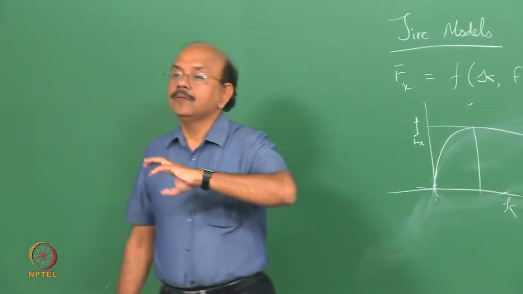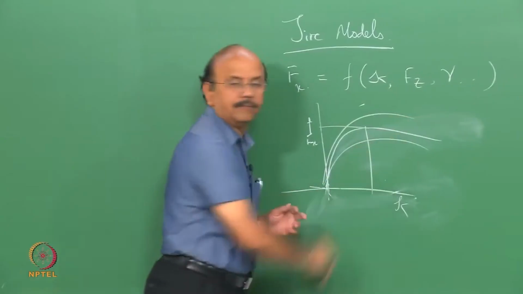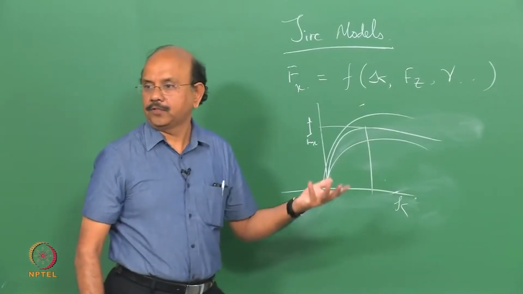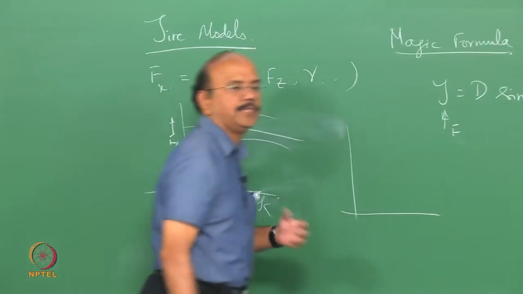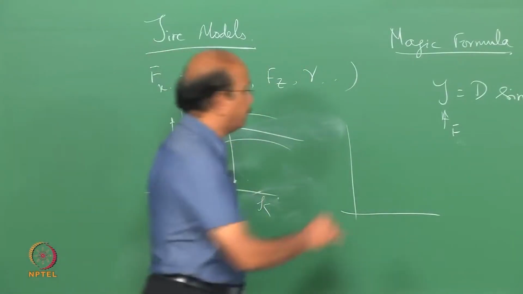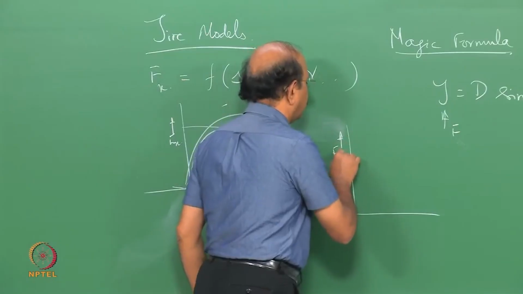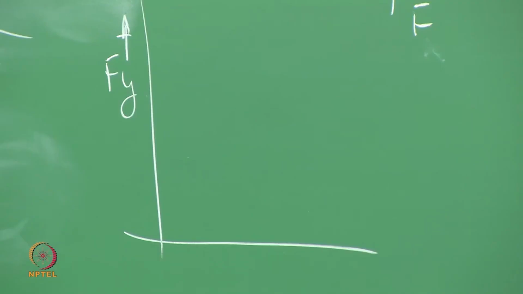Now, then there can be a series of curves. It's a function of Fz. For example, if you look at cornering, you will see later, maybe from the next topic, that my cornering force Fy becomes important, and we will see its effect on vehicle dynamics.